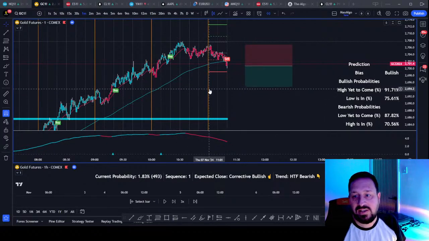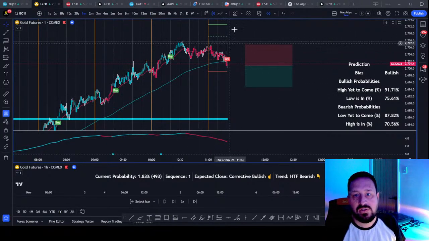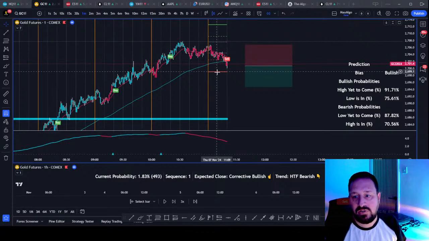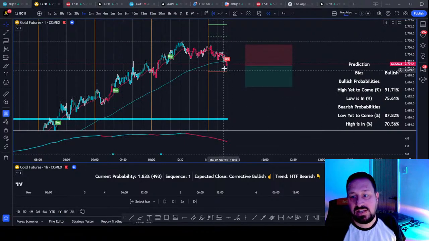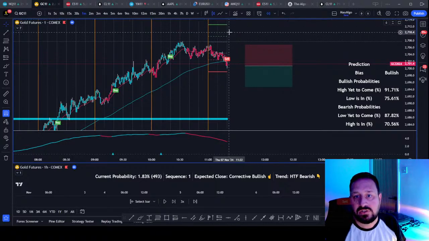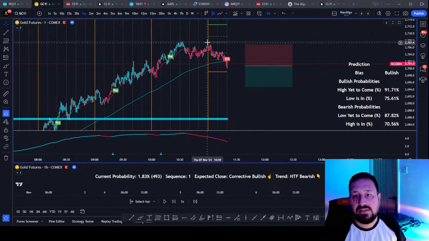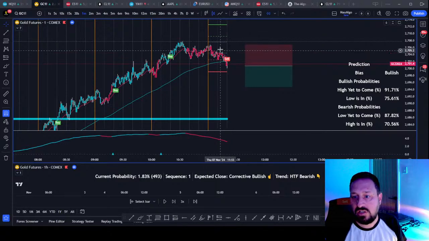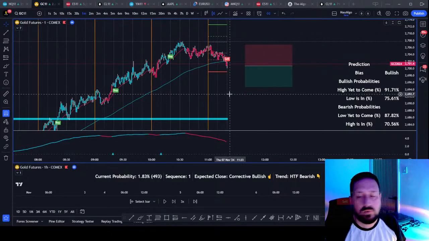Obviously, you can just filter by the 2 hours for New York Open, and that gives you your manipulation distribution levels. But you've got your percentages as well, right? So we know this level has got a 74% probability of being hit, where this one's only 26%. So it gives you your high target levels to aim for. And the distribution levels, the percentages will be coming for these as well. So your manipulation, it will show you when we had a bullish candle, what was the probability of actually reaching the manipulation. That will be coming.